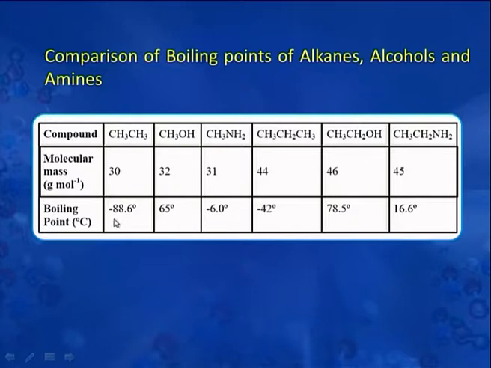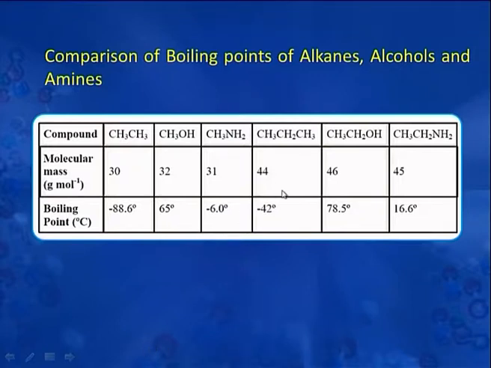But if you look at the boiling points of the three molecules, you will find that the boiling point of ethane is much less than that of methanamine, and the boiling point of methanamine is much less than that of methanol. So, the higher boiling points of methanol and methanamine as compared to ethane are because of the polarity of the O-H bond and N-H bond.